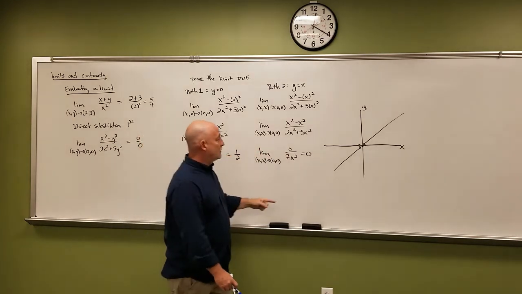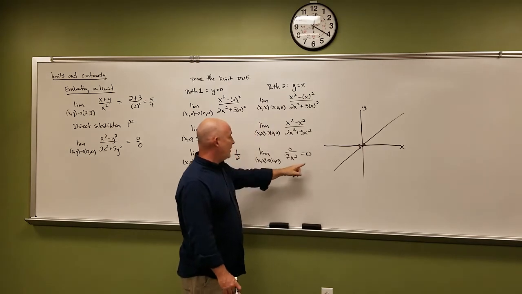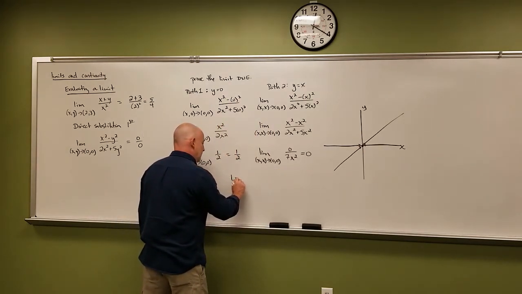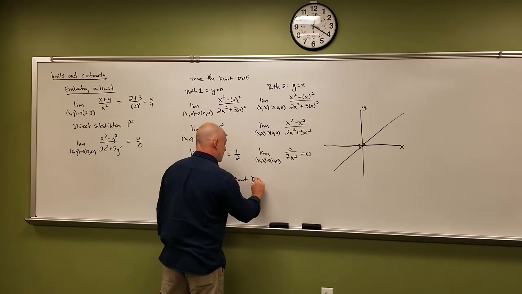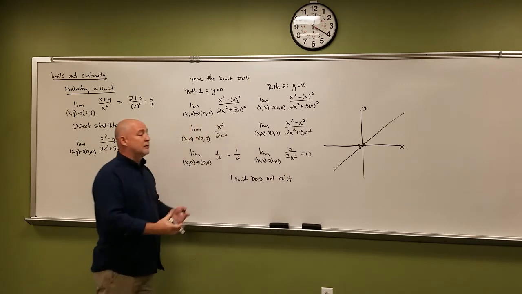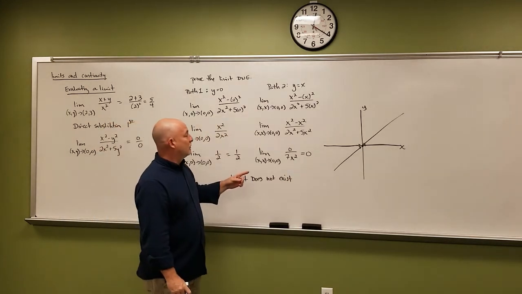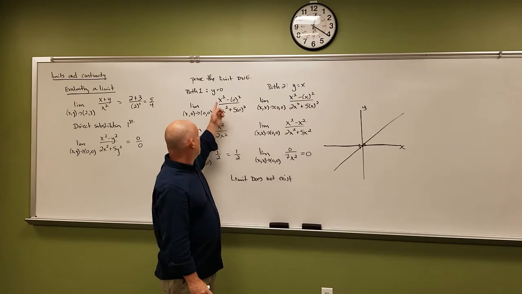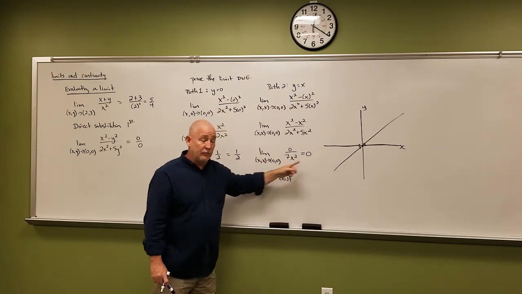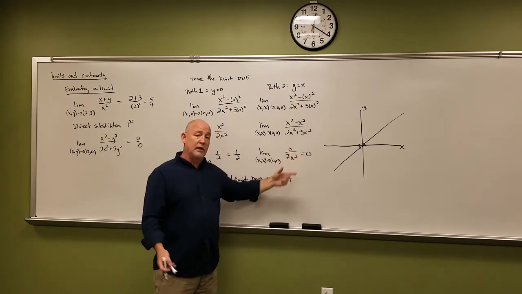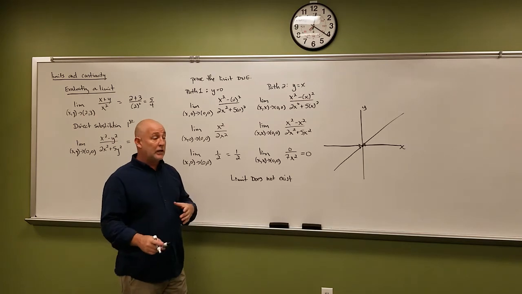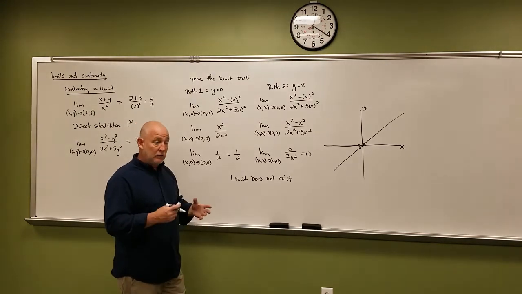But if we head along the line y equals x, the z value is heading towards 0, which means the limit does not exist. Now, if we would have chosen something else, like the path x equals 0 instead of y equals 0, and we got 1/2 for both of these, that again does not mean the limit exists. It just means you need to pick another path to see if you can get a difference.